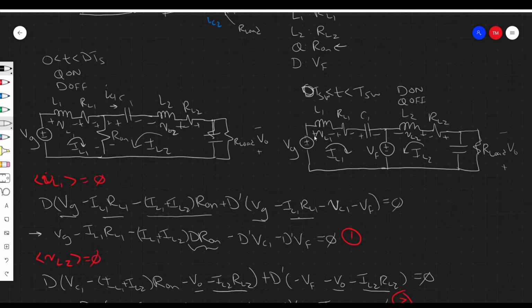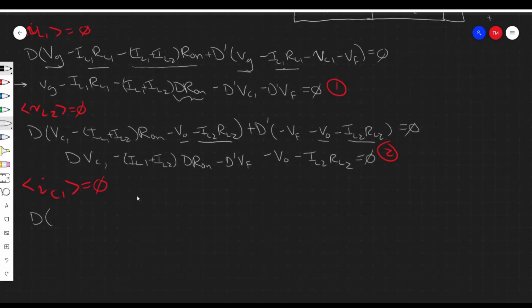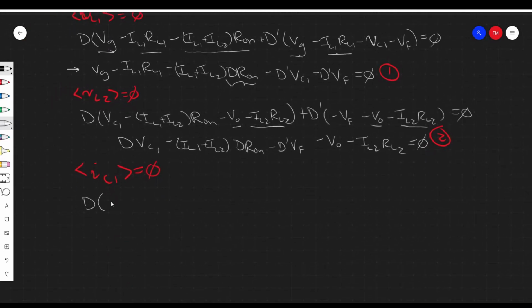And in the second switching state, IC1 is equal to IL1. So it's a pretty simple equation: in the first switching state, D, it's minus IL2, and in the second switching state, D prime, it is IL1, and that's equal to 0. What this is saying is that D IL2 is equal to D prime IL1. Great.